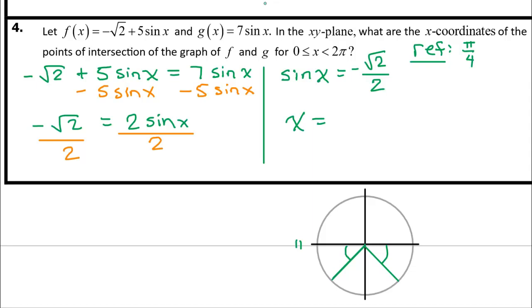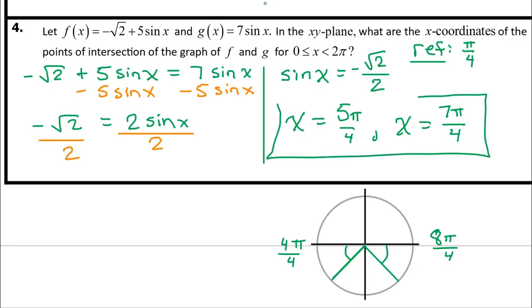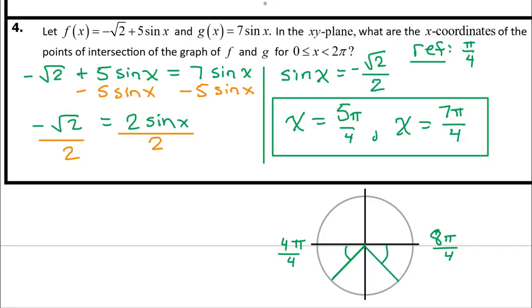We can think of pi as 4 pi over 4. So this angle right here in the third quadrant is pi over 4 more than this. So that'll be 5 pi over 4. And if this is 4 pi over 4, then double that is 8 pi over 4. So this angle right here is pi over 4 less than that. So that is 7 pi over 4. So that's it. These are the x-coordinates of the two intersection points of f and g on the interval from 0 to 2 pi.